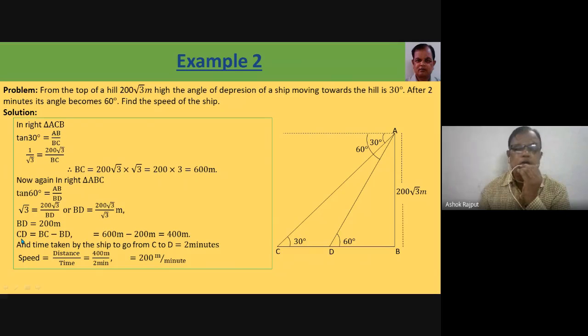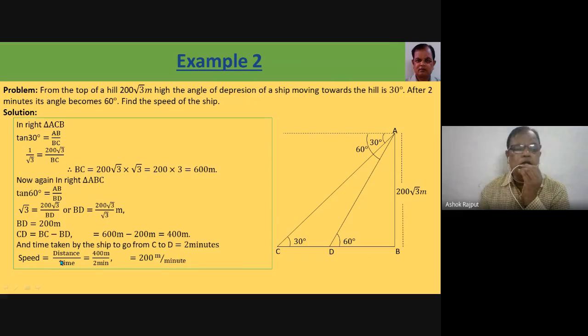As we want to find CD, because CD is completed in 2 minutes, CD equal to BC minus BD. It is 600 minus 200. It will be 400 meter. Now, as we know, time taken by the ship to go from C to D is 2 minutes.